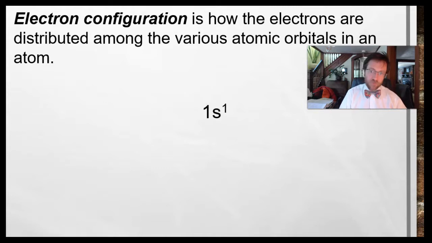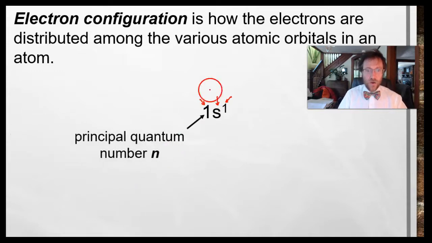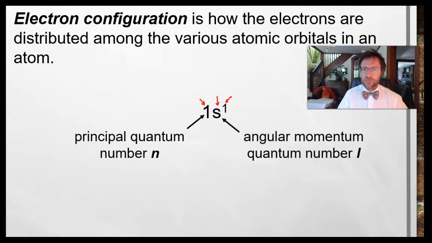So 1s1. That means there's one electron in an s orbital in energy level 1, or n equals 1. So n is 1. S means l is 0, and there's 1 electron, so we have plus or minus 1/2. Does that make sense?